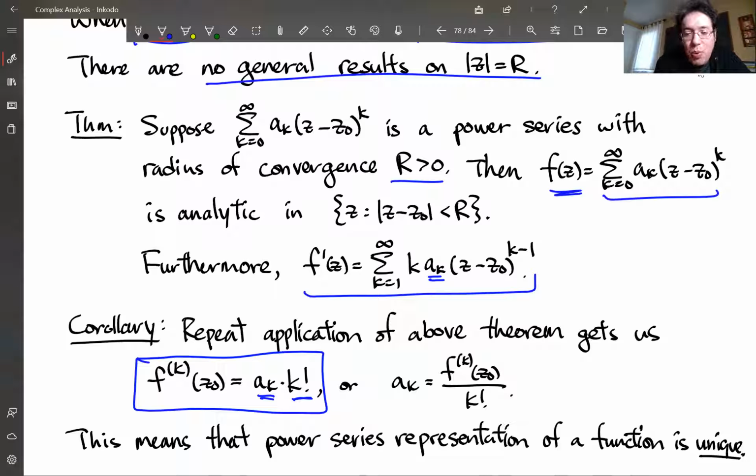If you rearrange this expression, we can write that the coefficient of the kth power must be the kth derivative evaluated at z naught divided by k factorial. So what does this tell us? It tells us that if we have an analytic function, the power series way of writing that function is unique, at least if it's centered at z naught. There are no two different power series centered at the same point that converge to the same function. I hope that makes sense.